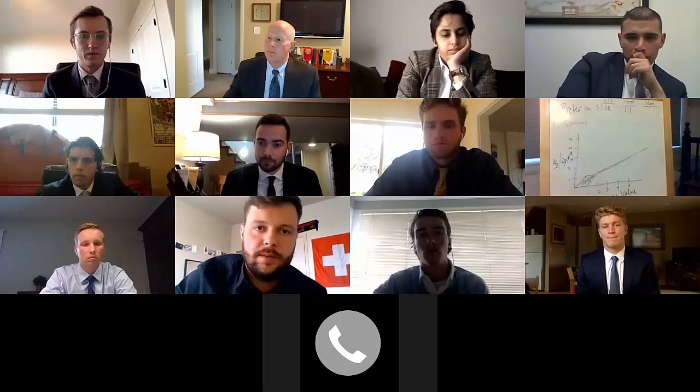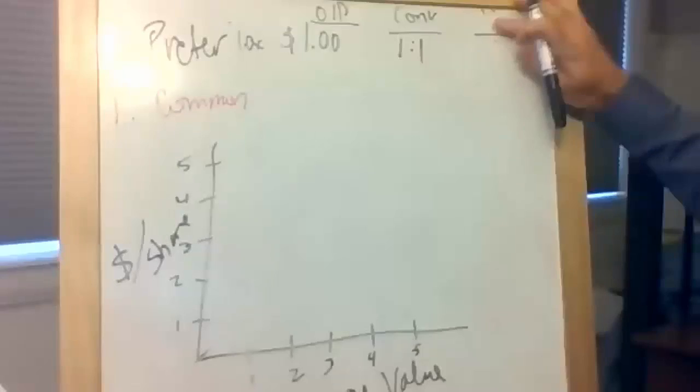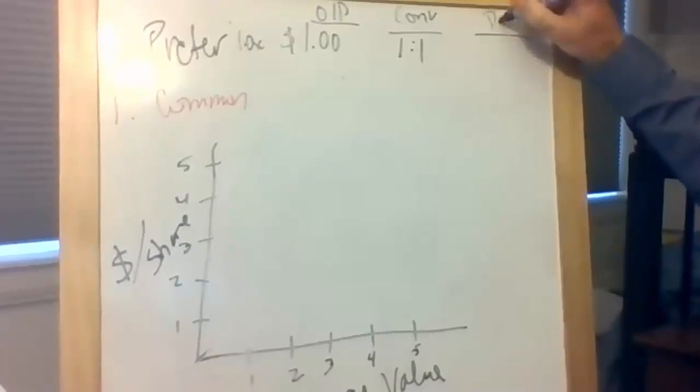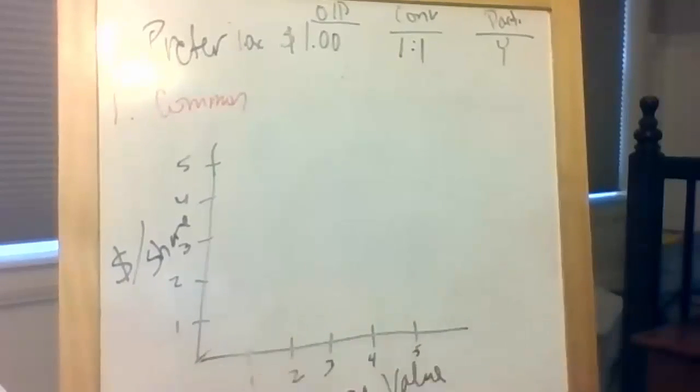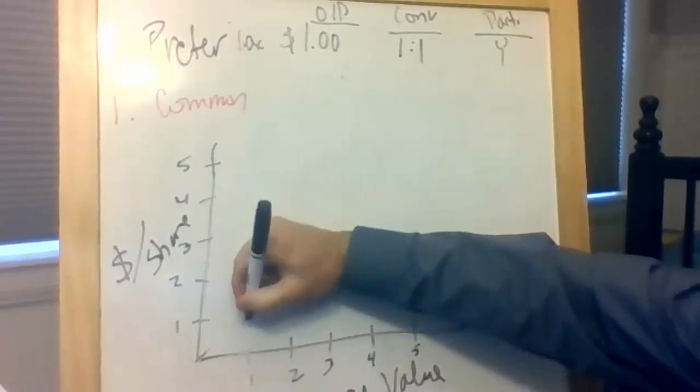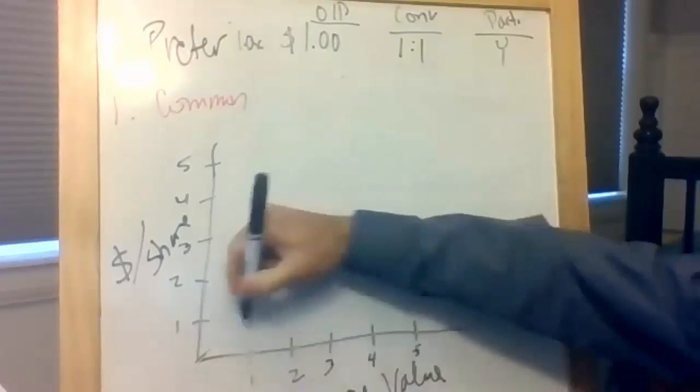Okay, so how would this change if it were participating preferred? So let's make it participating. Non-participating, this should be participation, right? And let's make it participating. So again, the first dollar is going to go to my preferred shareholder because I have a 1x liquidation preference.